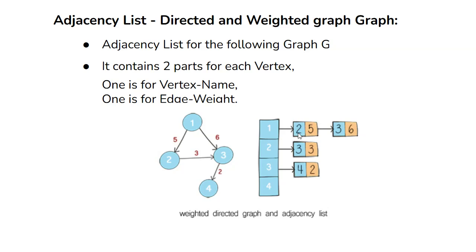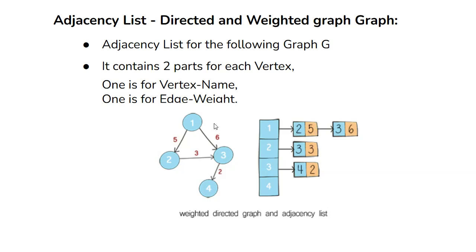The first part is the vertex name. The second part is used to represent the cost value. For example, the path comes from node 1 to 2, so its cost is 5. So from 1 to 2 a link is there, and its cost is stored in the second part of the adjacent node, and so on.